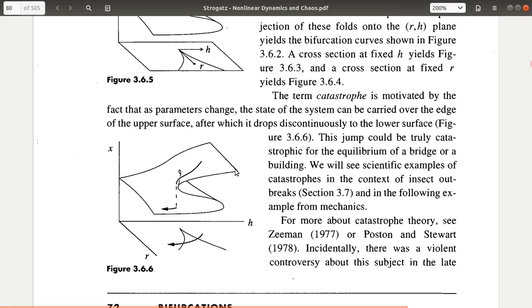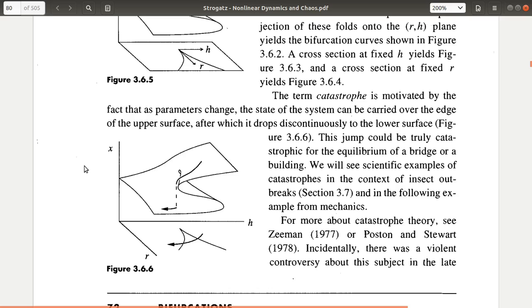But that sort of jump will not happen when my r value is negative. It will just follow this single curve.